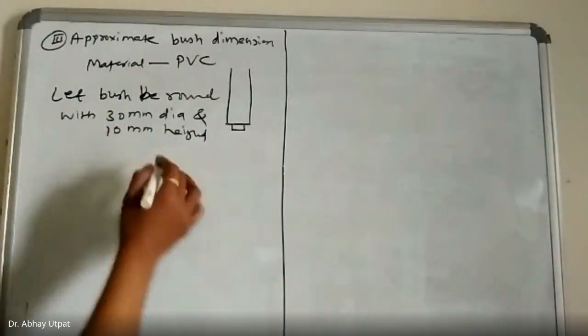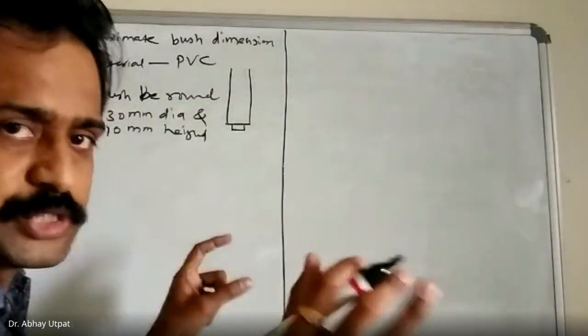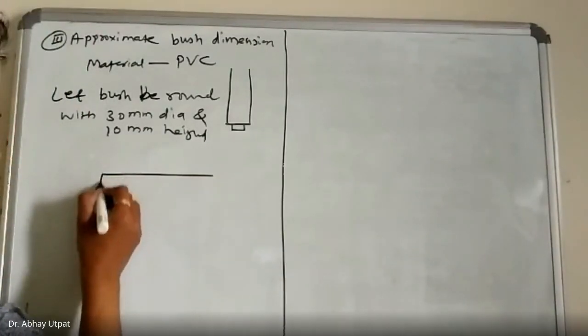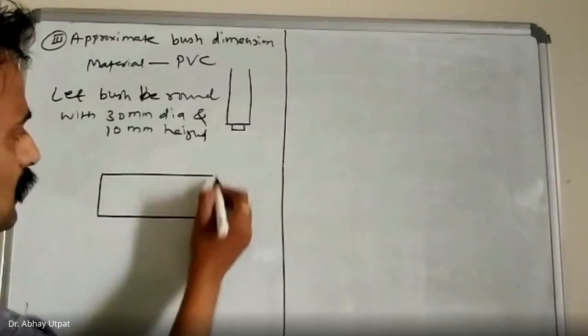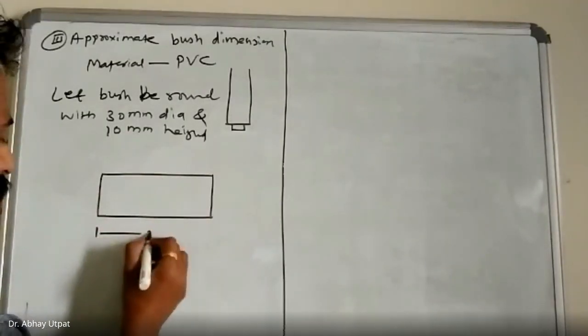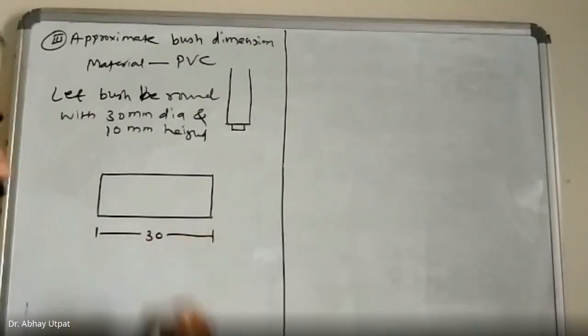I am going to draw the rough dimension of the bush. Solid initially we have considered. Let this be 30 mm. Draw this.